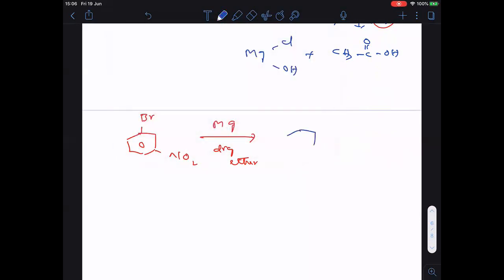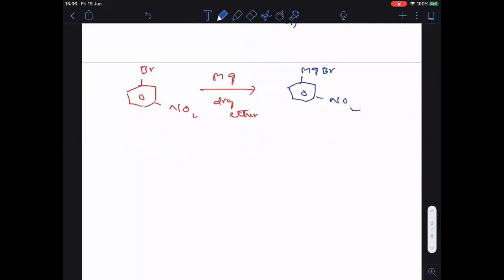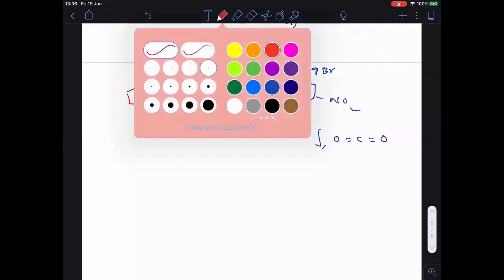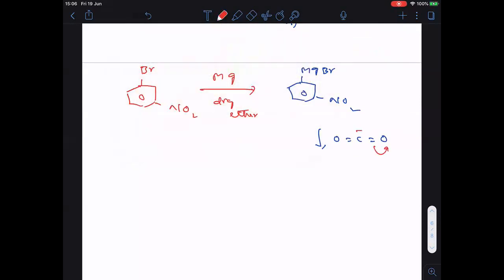First of all you will get this one, MgBr, and here NO2. Is it clear everyone? So this one when treated with CO2, the pi bond will shift here, carbon gets positive, this gets negative. Followed everyone?